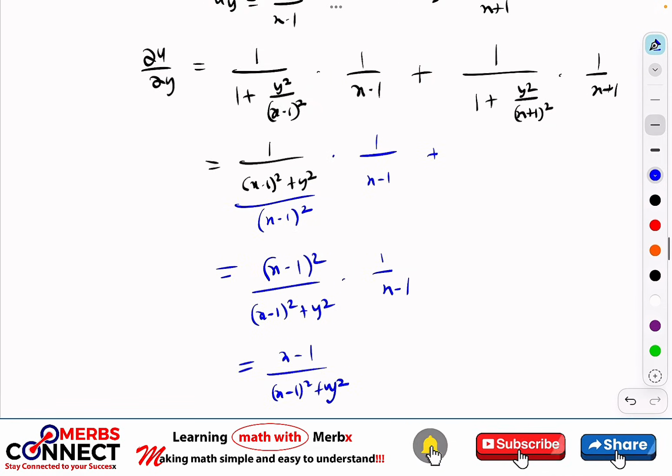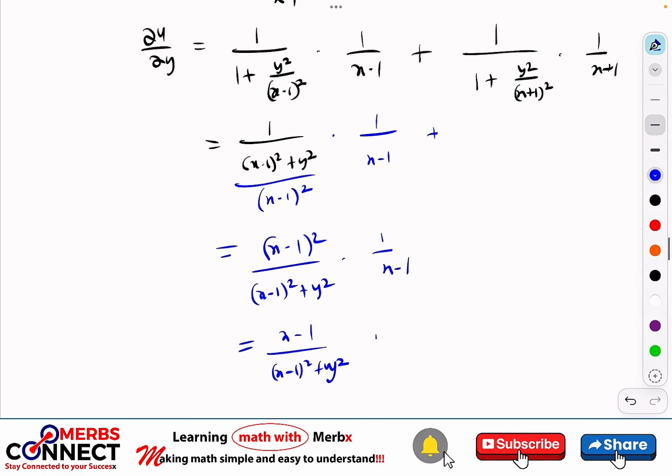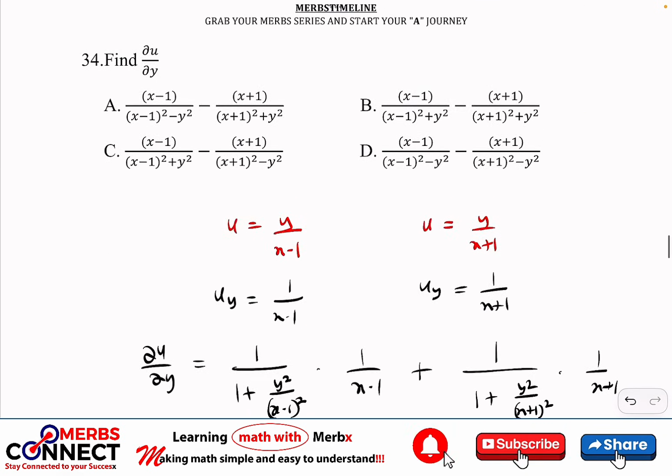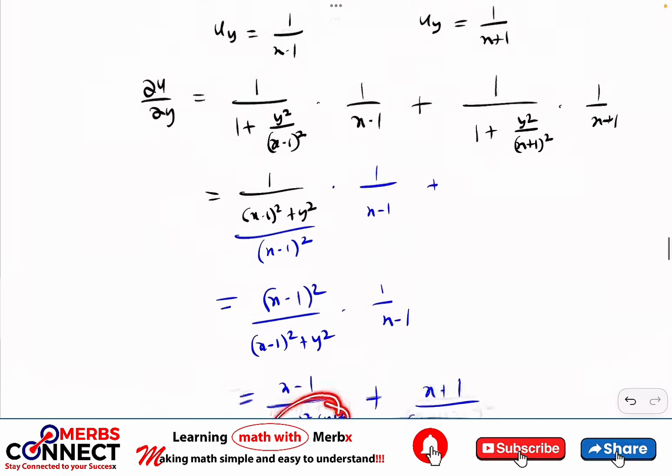And looking at what is here, this is going to give us plus x plus 1 divided by x plus 1 squared plus y squared. Yeah, so that's basically what you are going to get. So let's try and find out. So x minus 1, and then everything down here is minus.